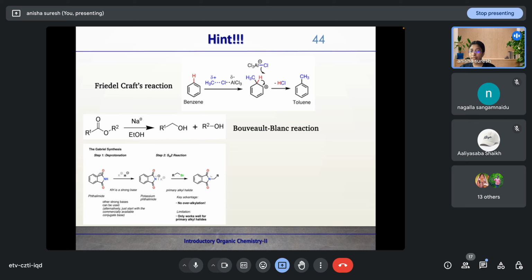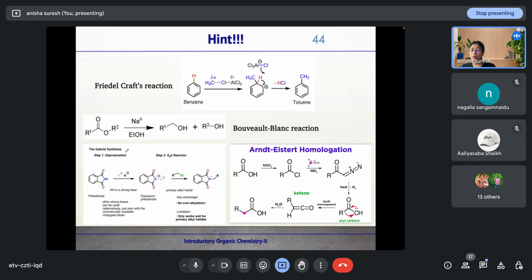So here phthalimide is involved, and deprotonation is the first step. So we will get this N minus, and it will add on to the alkyl halide, which is a primary alkyl halide, and we will get this product. Okay. So this is the Gabriel synthesis.